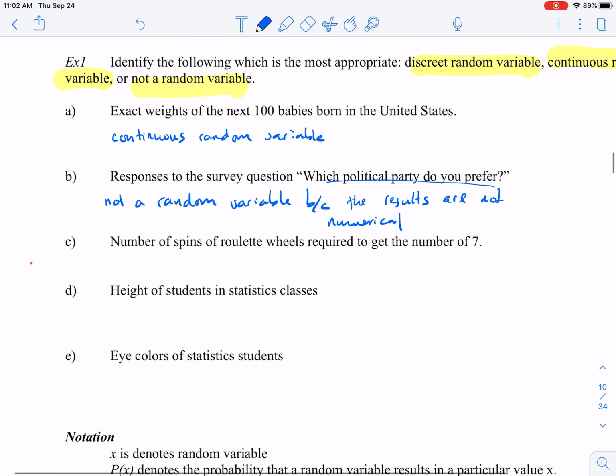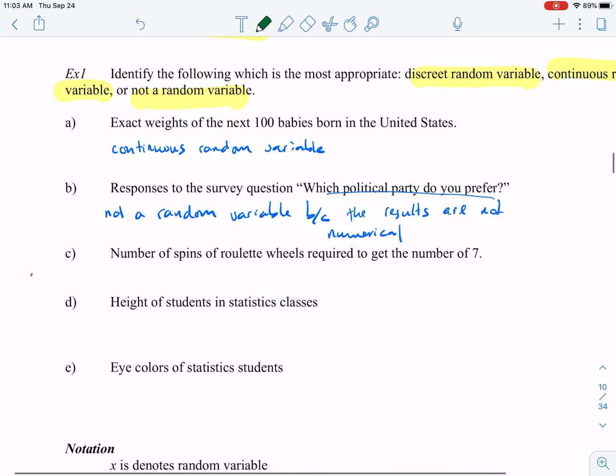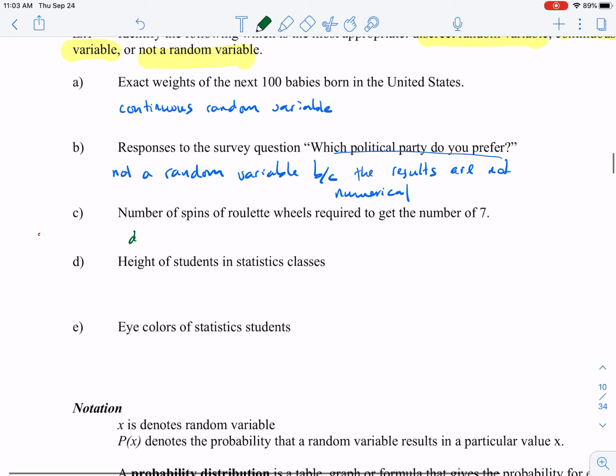Okay, next, part C, the number of spins of roulette wheels required to get number 7. That could take 5 spins, 20 spin, depends how lucky you are, but the number of spin that it takes to get number 7 is all determined by chance and are whole numbers. They're not decimal or can't take any value besides just counting numbers. So in this case, we have a discrete random variable.